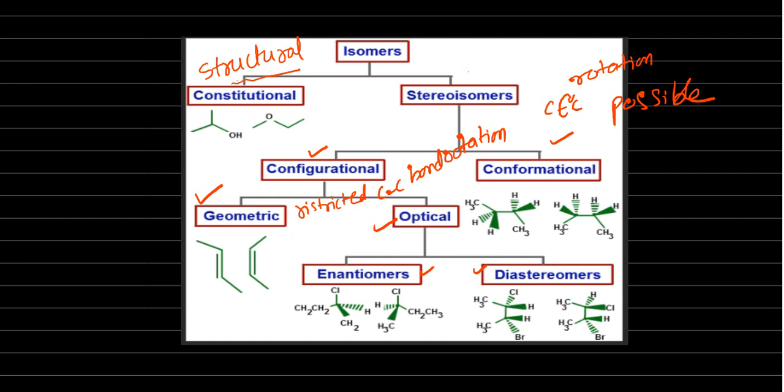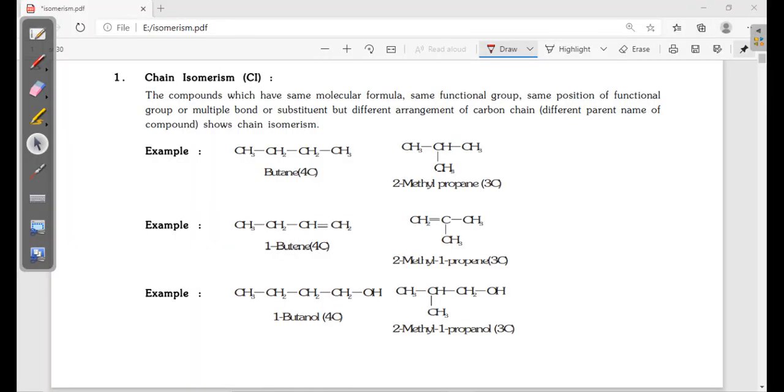In structural isomerism we already discussed how many types there are. Now we will discuss each one. First, chain isomerism. In chain isomerism mainly the chain should be different.